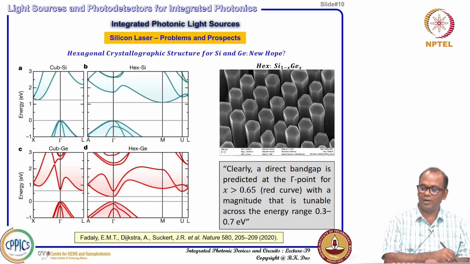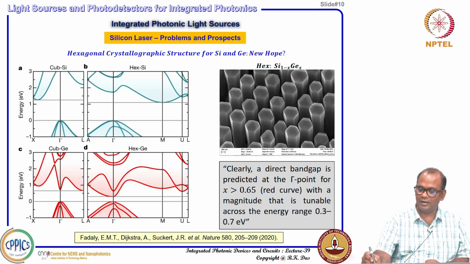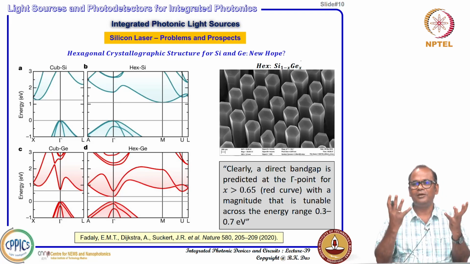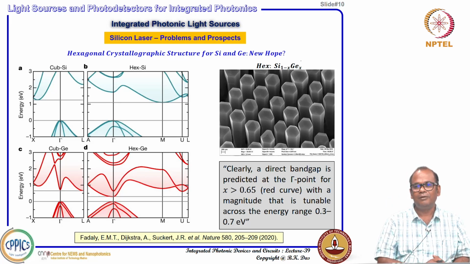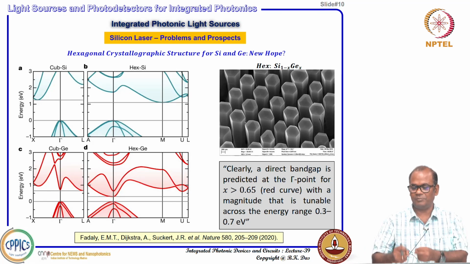If you make an alloy, with a silicon fraction X and a germanium fraction 1 minus X, and you grow a crystal silicon germanium alloy, you get a hexagonal crystal like this. You see, according to the growth, these are the pillars grown.